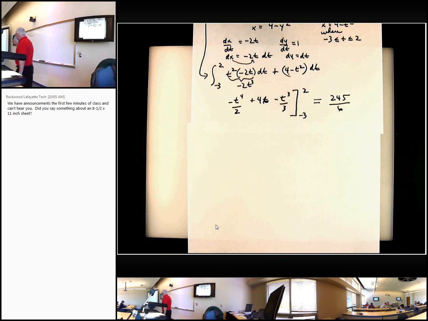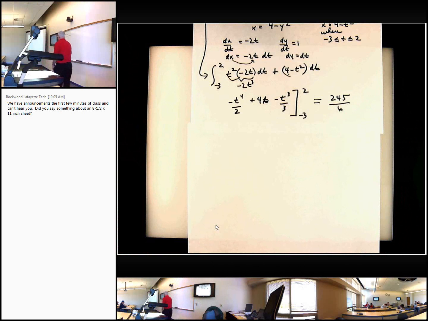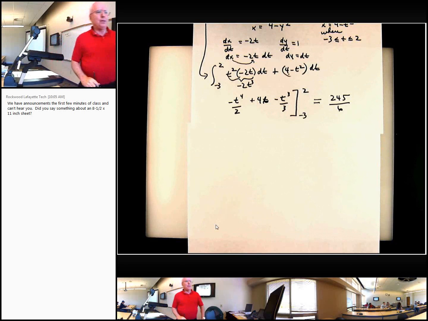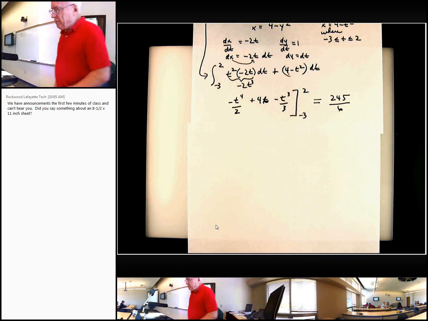And again, you can see right here, you have to be careful with minus signs, because our lower limit is a negative number, and this is minus sign hell, actually, by the way. And then we have it taken to the third power, which will give us another negative number. So you have to be very careful with your arithmetic when you're evaluating this.